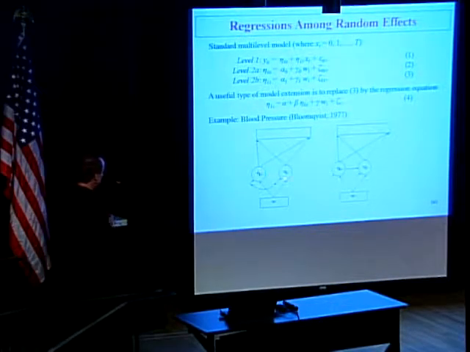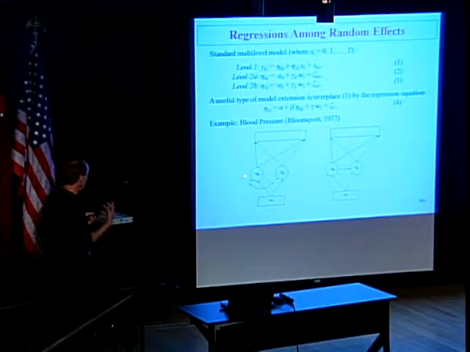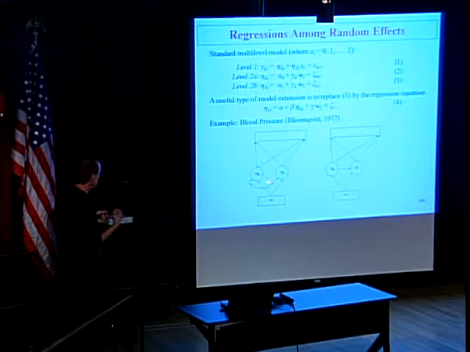Here, the two growth factors are on the same status. They're both dependent variables, so it's bivariate dependent variables influenced by the same covariate. And we're not saying anything about how one influences the other. We're just saying that the residuals can be correlated.